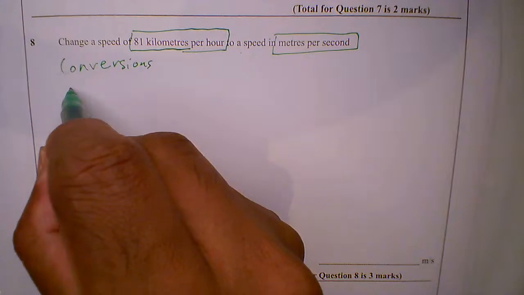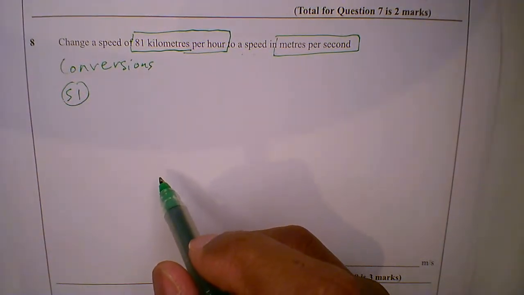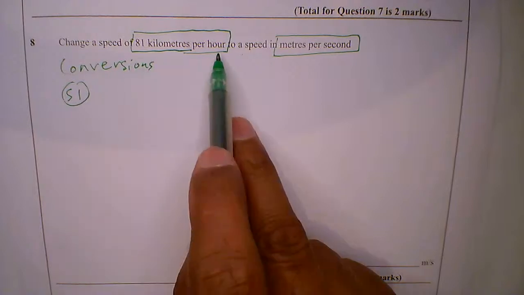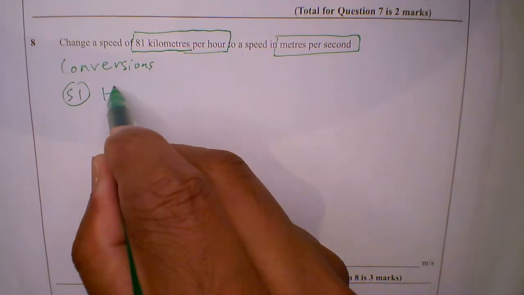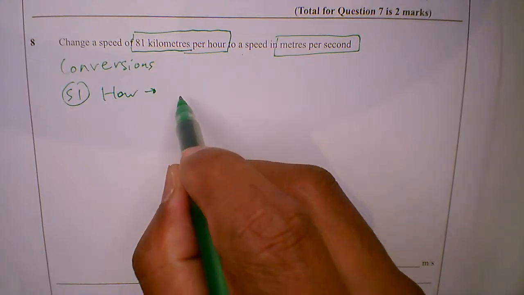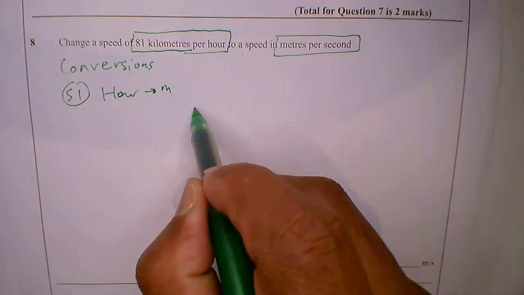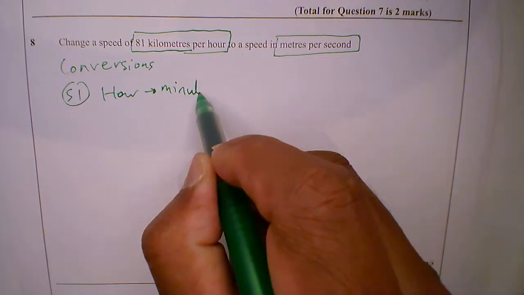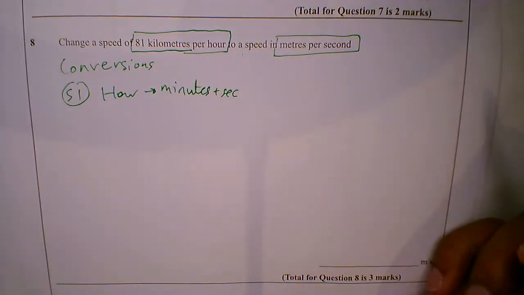So step one is I'm going to try to understand what this means. So 81 kilometers per hour. I've got hour, which I need to change into minutes and seconds. And then, what else do I need to do?